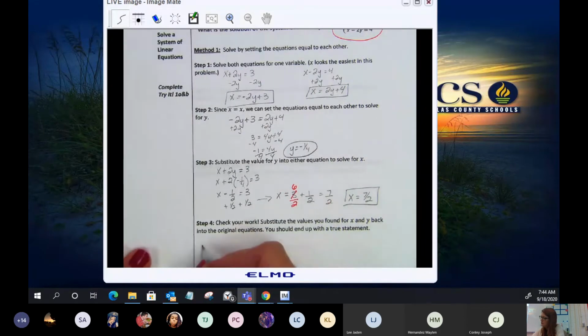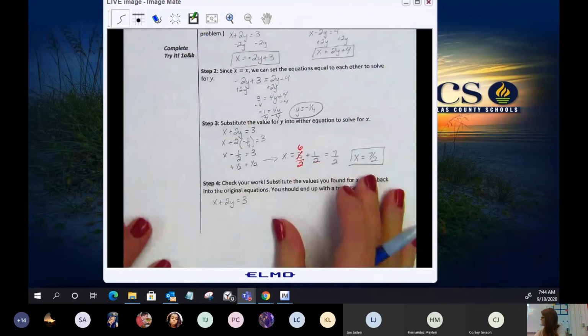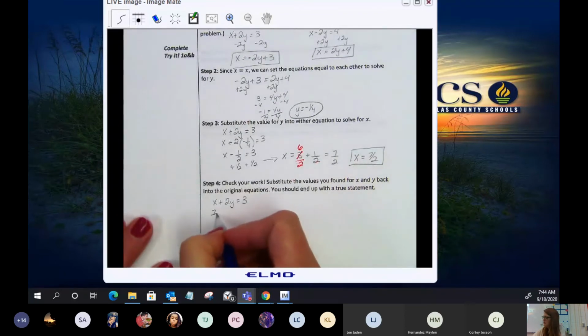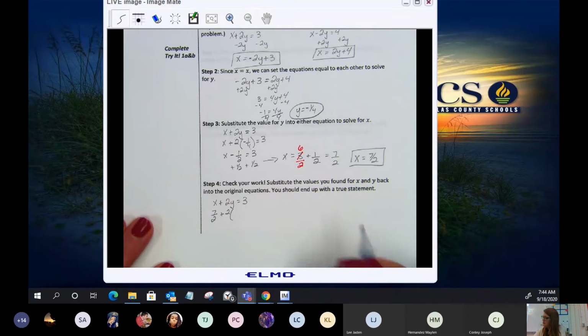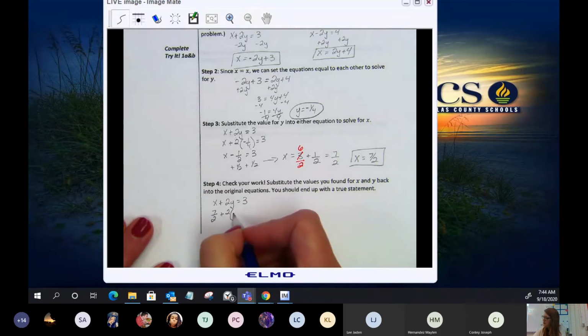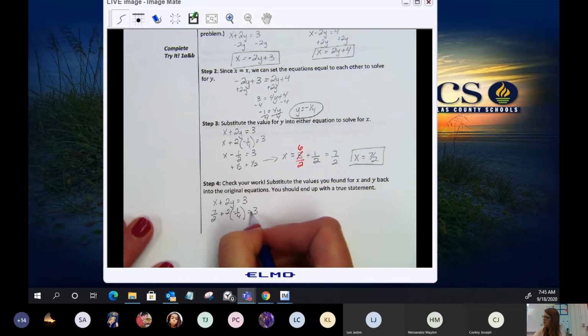So here we go. We get x plus 2y equals 3. x is 7 halves plus 2 times my y, which was negative 1/4, equals 3.